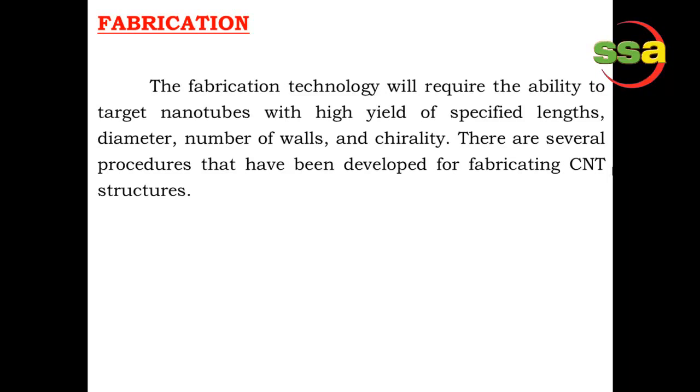A single method does not lead to the manufacture of all kinds of nanotubes, and all methods cannot produce a common type of nanotube. We have to keep in mind that different methods are required for producing different kinds of nanotubes.